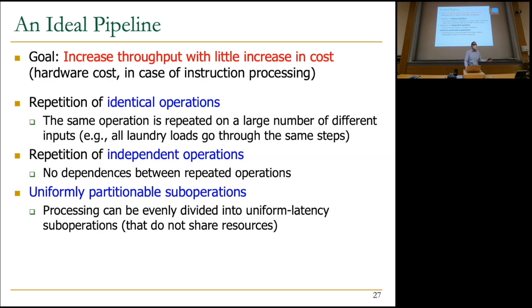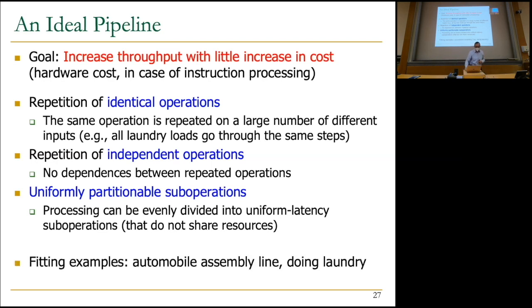Actually, division into perfectly equal amounts of time in pipeline stages has been shown to be NP hard also. So basically an ideal pipeline is much closer to an automobile assembly line and doing laundry, but not so much the instruction processing cycle. I'm giving you a preview of what the instruction processing cycle looks like.